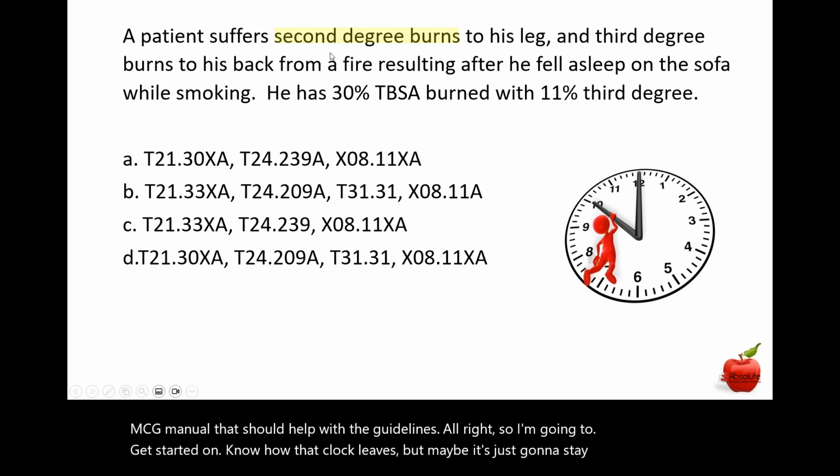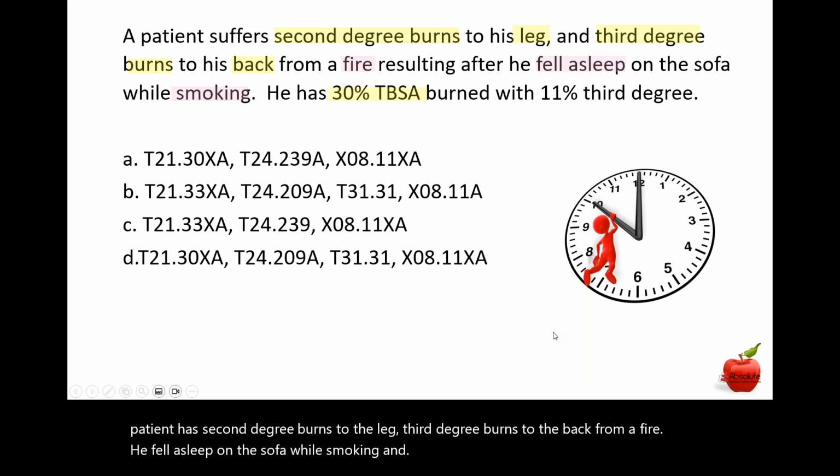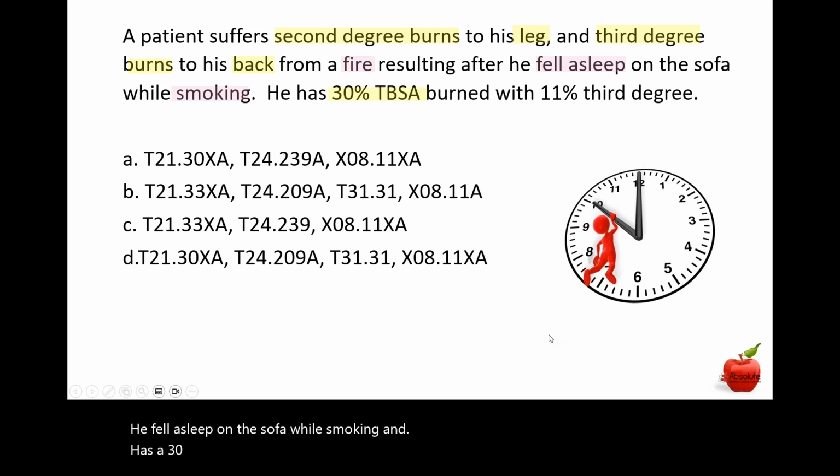All right, so this patient has second-degree burns to the leg, third-degree burns to the back from a fire. He fell asleep on the sofa while smoking and has a 30% total body surface area burned with 11% third degree. These are the key words.